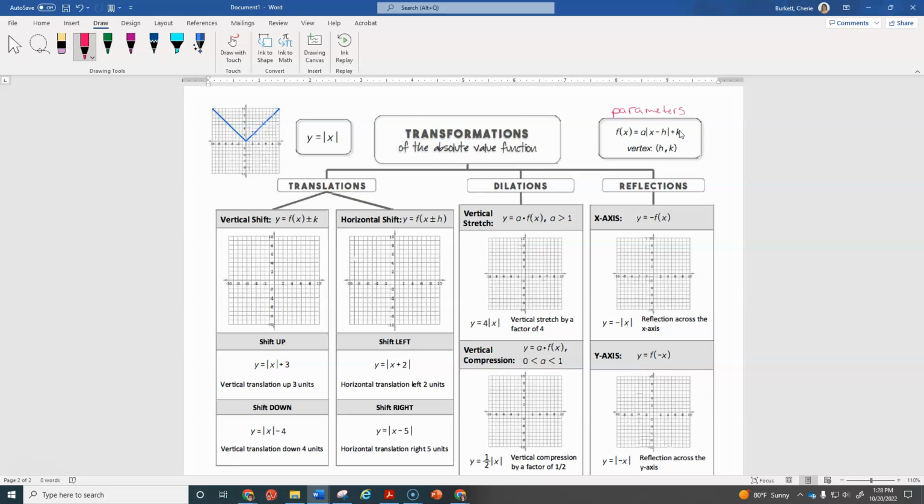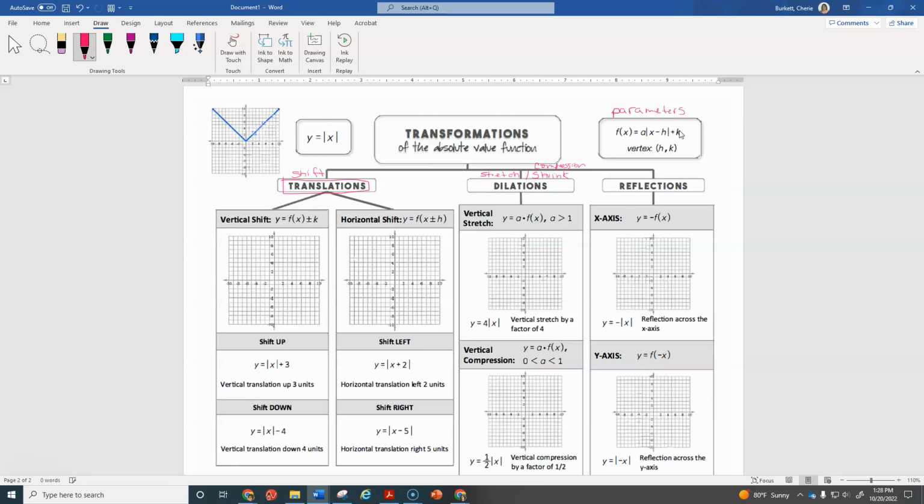And here we've got three kinds. We've got translations, which is the more formal math word. The word that we're going to use most often is a shift. A dilation, we're going to use stretch and shrink. You can also use the word compression.